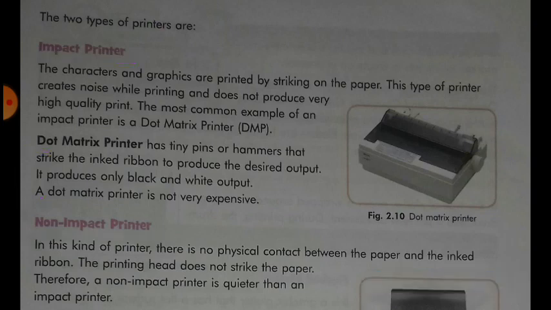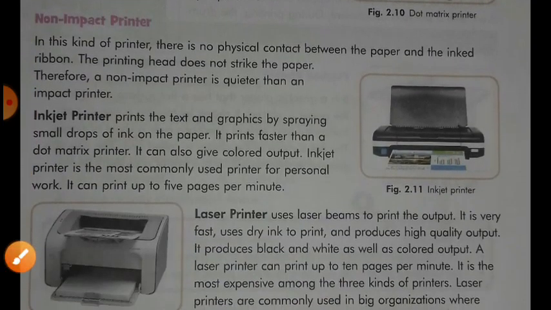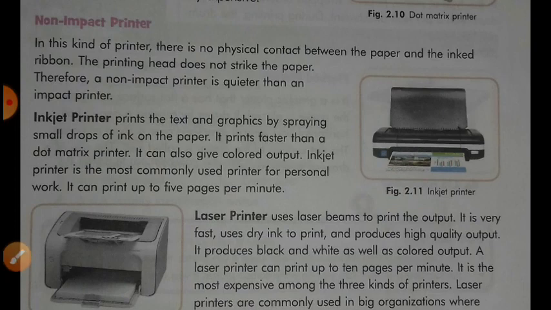There are two types of non-impact printer. First is inkjet printer and second is laser printer. Dear students, an inkjet printer prints the text and graphics by spraying small drops of ink on the paper.